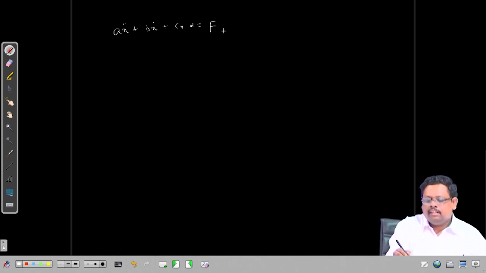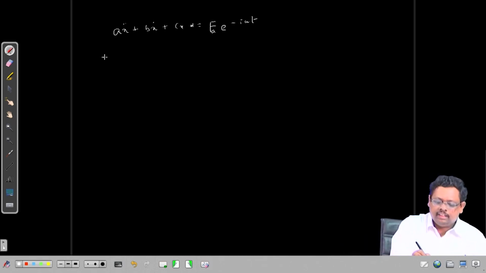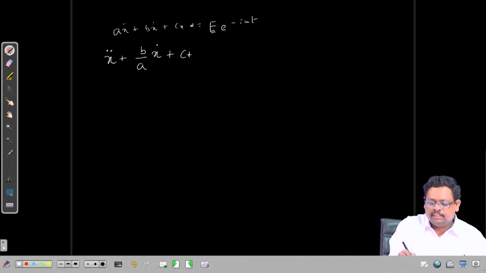If you do that, then you have a very simplified form. It becomes A x double dot plus b x dot plus c x is equal to f a e to the power minus i omega t. I divide everything by a. So, I will get x double dot plus b by a into x dot plus c by a x is equal to f a by a into e to the power minus i omega t.